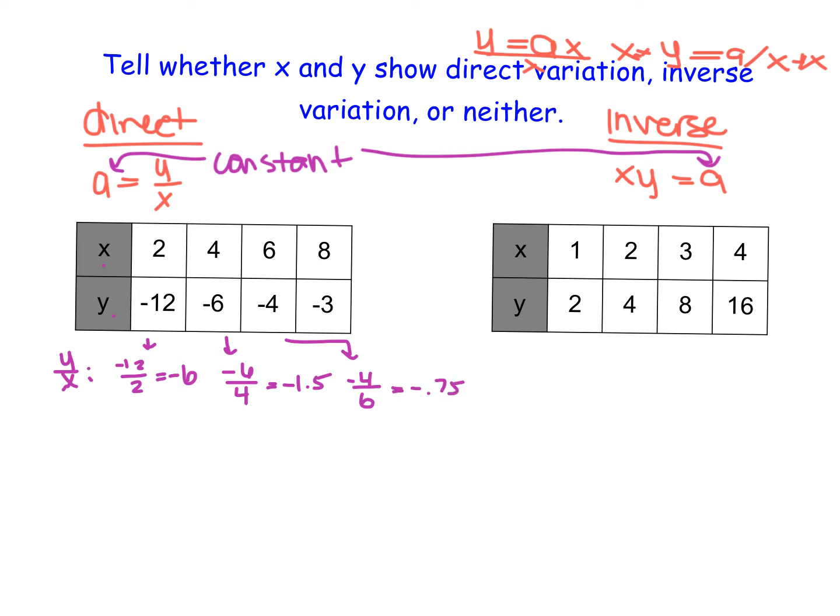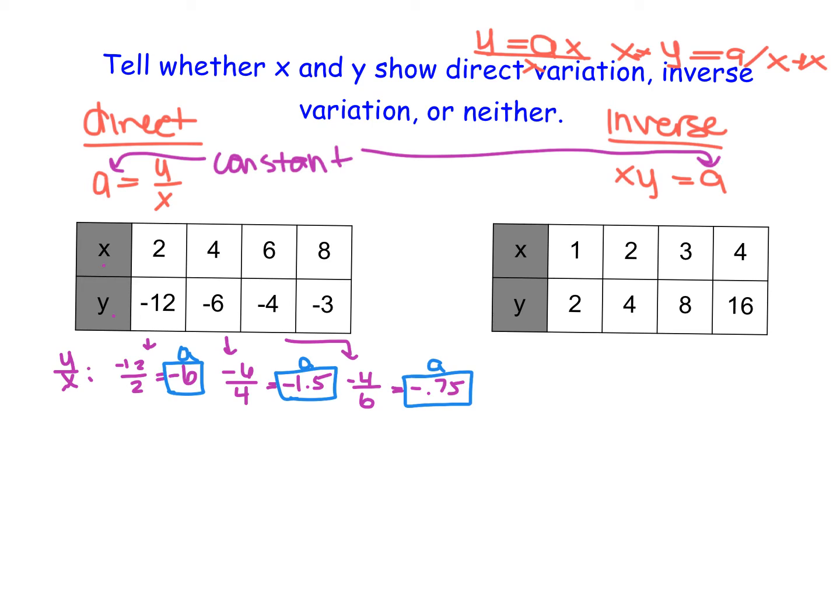So I'm already noticing that this isn't a direct variation because I'm getting different values each time. There's no way I could rewrite this equation so that y equals a times x, because here we would need an a value of negative 6, here negative 1.5, and here negative 0.75.